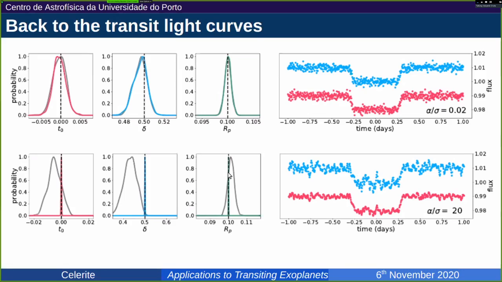So I don't think it's a good approach in this case, but we can discuss it, to fix these parameters in particular. The impact on the radius is not very large, as you can see. It's less than 10% in this case. But in T0, I think it's quite a lot.